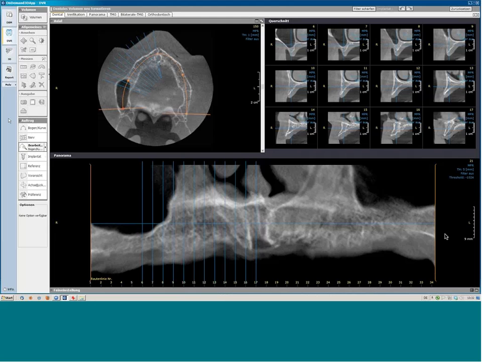So this is just the example for atrophy. We have here an upper jaw situation, and this is what we call the canine complex. So in most of the patients, even in patients with a lot of atrophy, you will at least find some bone in this area where you can take some measurements for implant planning.